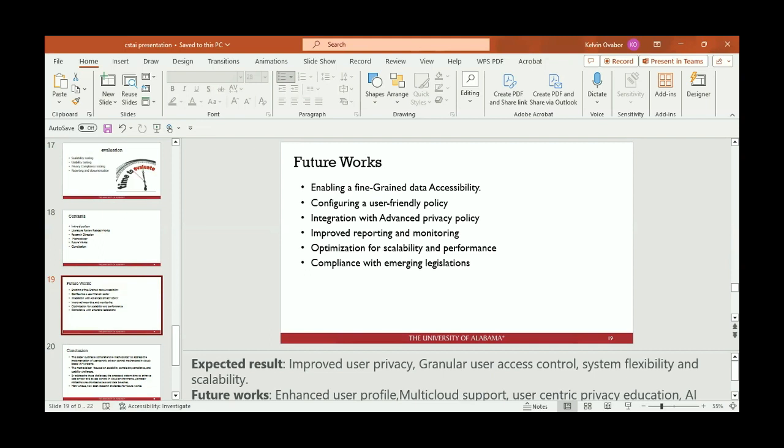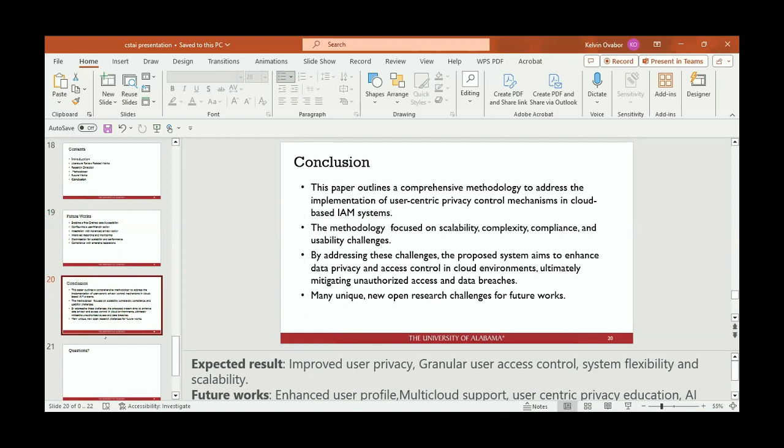Another future work is to configure a user-friendly policy. Then the next future work is to integrate an advanced privacy policy. Then we can improve on the reporting and the monitoring itself. Then we can optimize the scalability and performance of the system itself. And also strict compliance with emerging legislations and international standards based on best global practices.